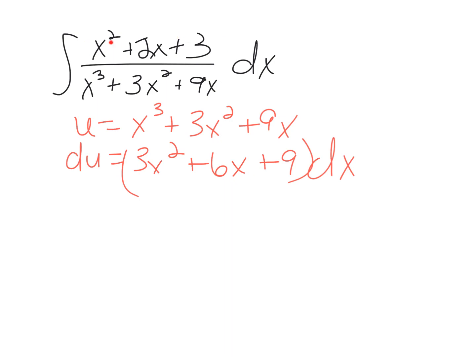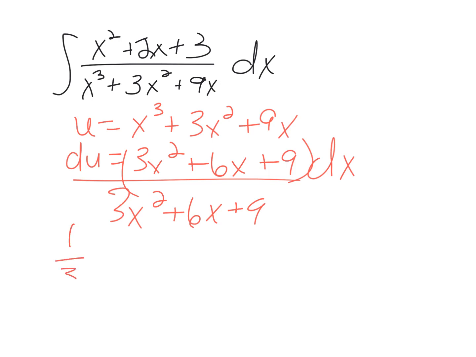What would we need to do in order to get these two things to match? Well, if the numerator right here is multiplied by 3, or this multiplied by 1/3, we would get each other. So when we divide, like we normally would, by 3x squared plus 6x plus 9, the difference between these values is simply 1/3.